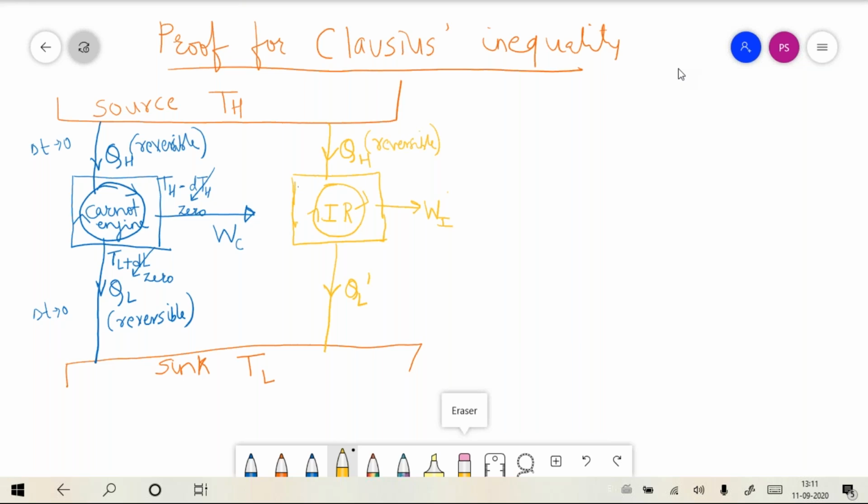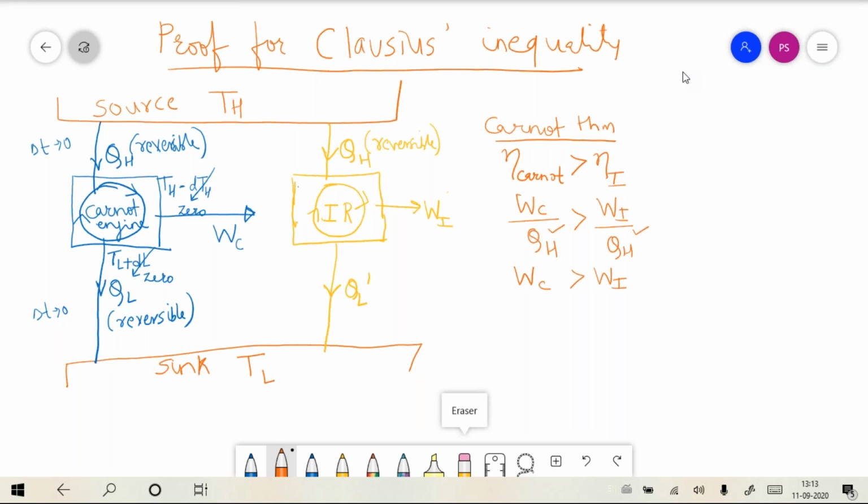The Carnot theorem says that the efficiency of the Carnot engine is greater than the efficiency of the irreversible engine. So the efficiency, work upon QH, would be greater than WI upon QH.